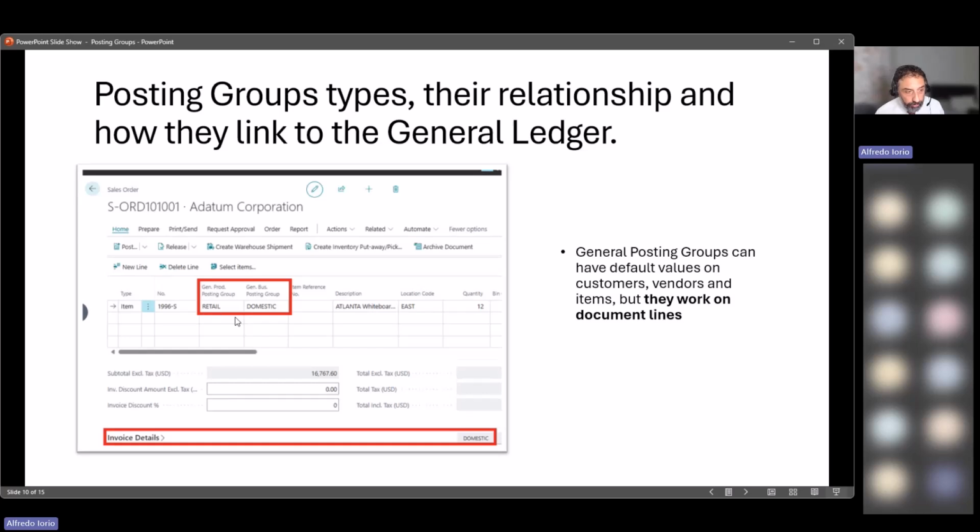So the combination of these two, why we do business, in this case domestic, though as I said this is Kronos data, which might be misleading, and a retail product. The value of this transaction will hit my revenue account.